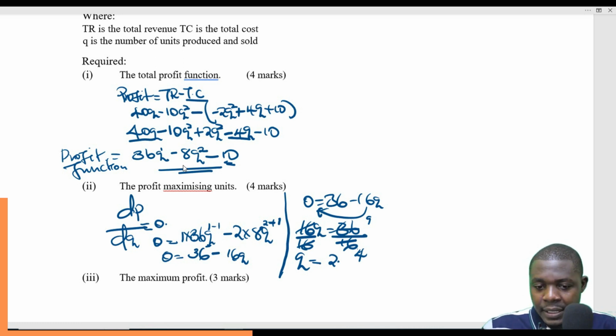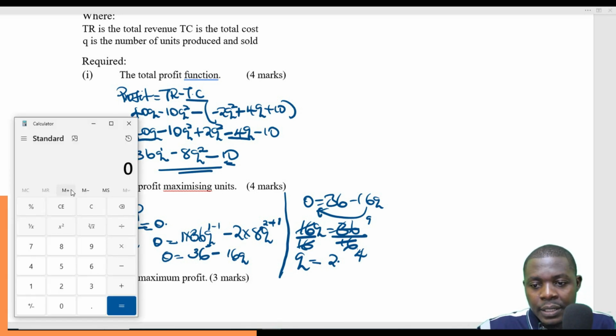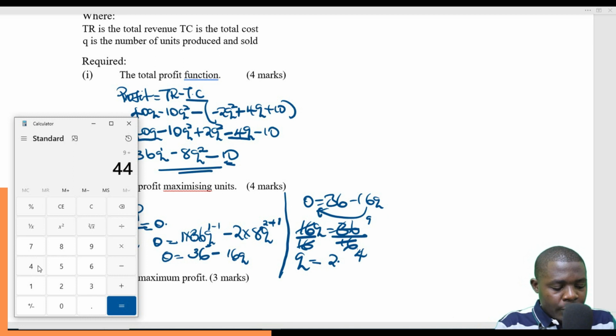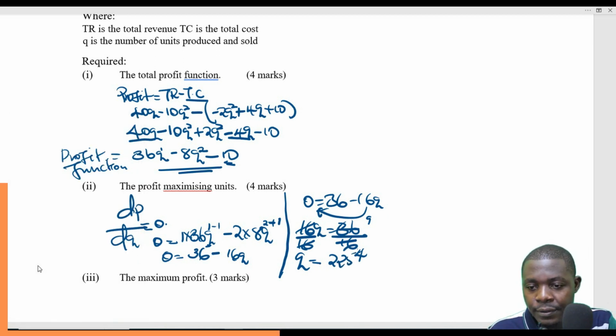Let's just calculate it here: 9 divided by 4, we get 2.25. That is the value for Q.